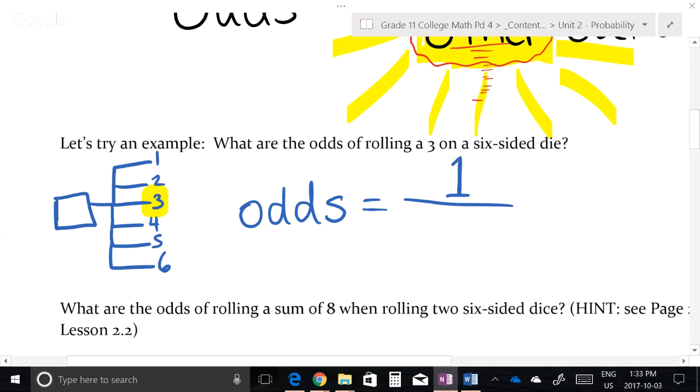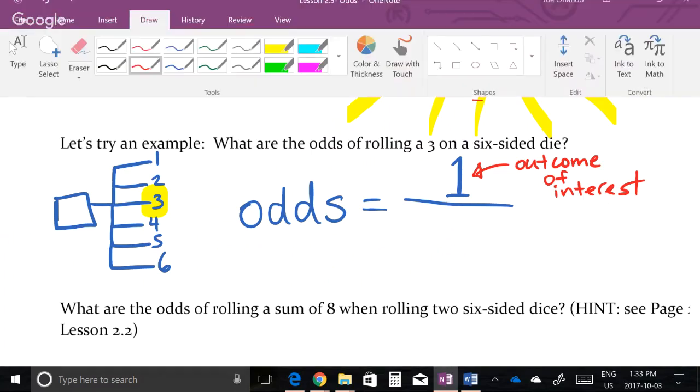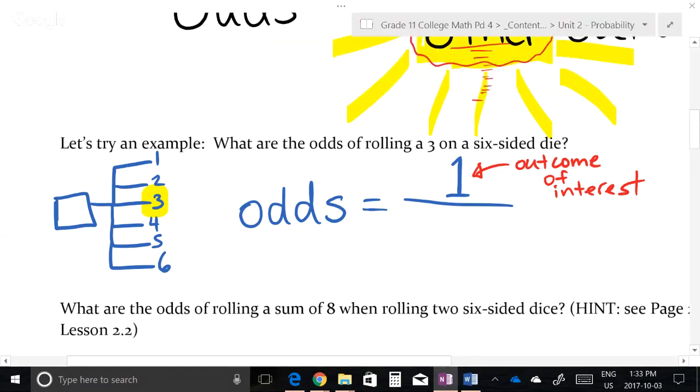On the top, we would have 1, because that is the outcome we're interested in. But what number goes on the bottom? No, 6 would be the total. 5, very good.